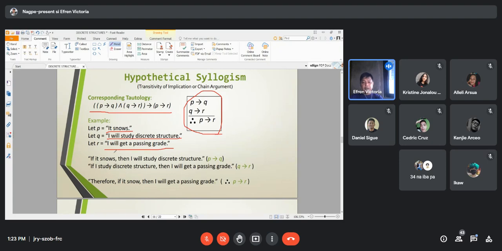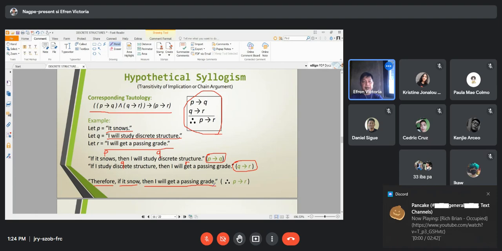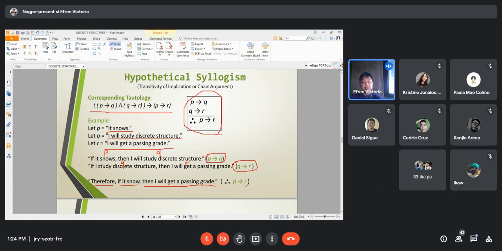So if it snows, so ito yung P, then I will study discrete structure, so ito yung Q. Using if then, if I study discrete structure, this is Q, then I will get a passing grade, R. So ito yun. Therefore, if it snows, then I will get a passing grade. So ito yung conclusion natin.